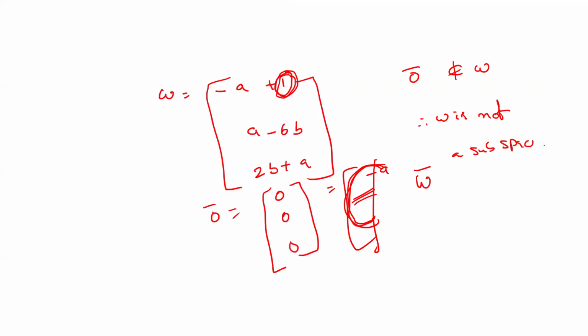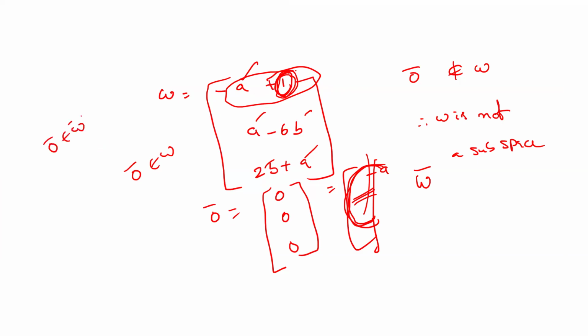Why? Because what is the first condition for a subspace? The zero vector should be in W. So here 1 is there. If I put A = 0, B = 0, here you will get (1, 0, 0). You can't make it 0. So the zero vector does not belong to W. Therefore, W is not a subspace. So to prove that it is a subspace, you have to prove three conditions.